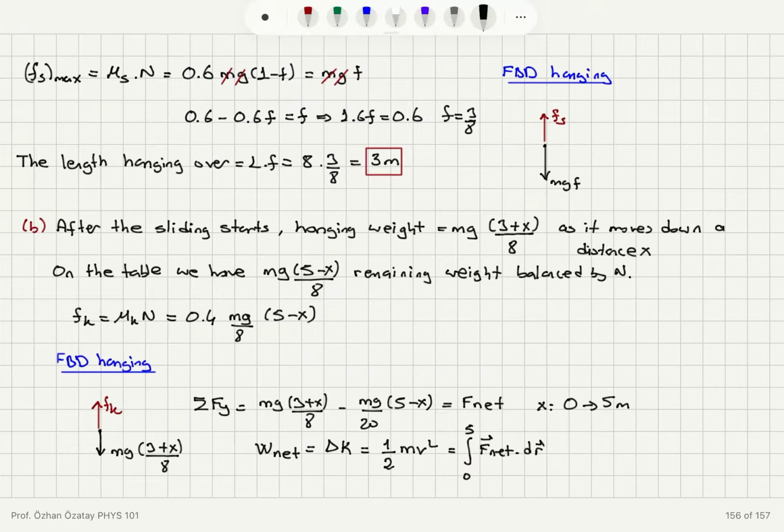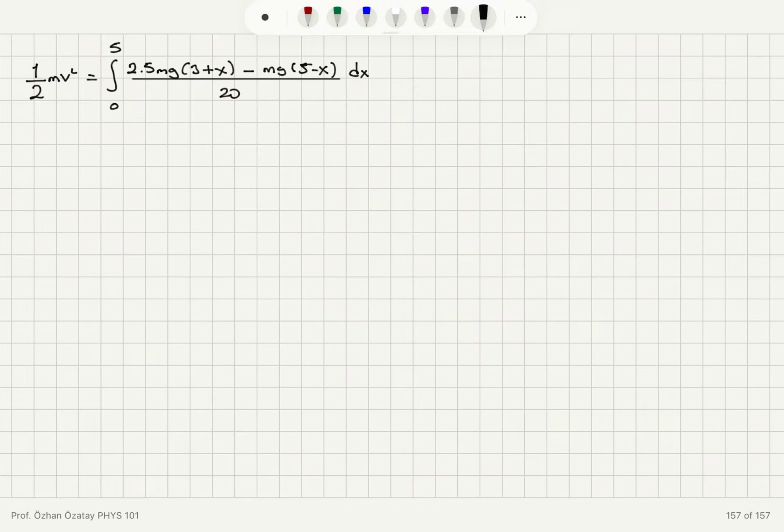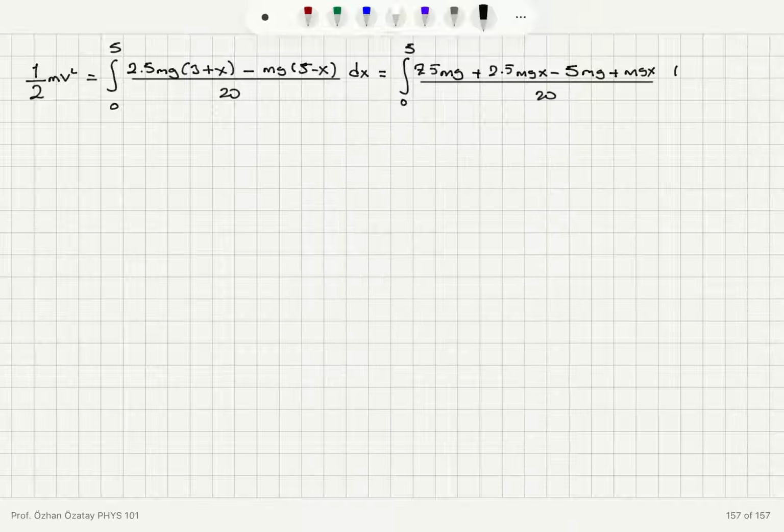So I multiplied mg over 8 by 2.5, top and bottom, and this becomes the integral from 0 to 5 of 7.5 mg plus 2.5 mgx minus 5 mg plus mgx, divided by 20, dx.